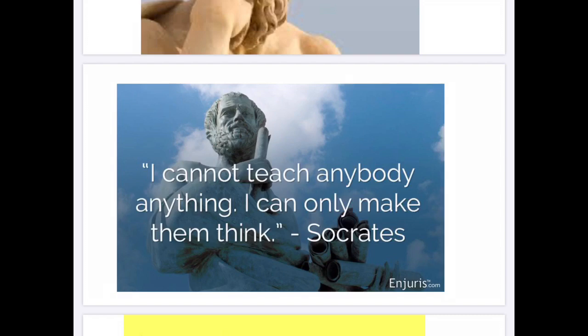Socrates was somewhat dissatisfied with language because he felt like debates could be won with trickery, or simply by the person who was most eloquent, but maybe not by the person who was most correct, or the person who was most charismatic, but not necessarily the most correct. And so Socrates was very much about wanting to get to the truth of matters.